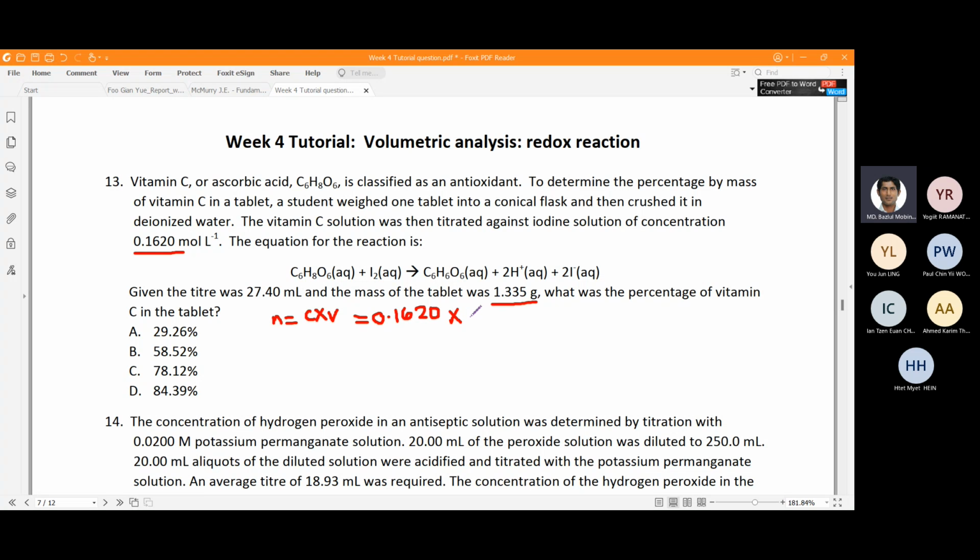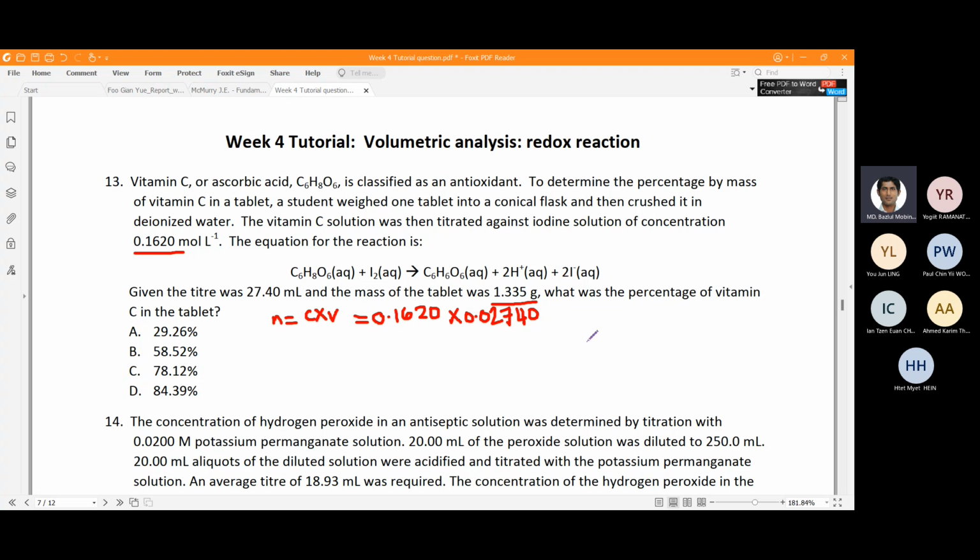I will convert it to liters, so 0.02740. Right, so this will be the number of moles.